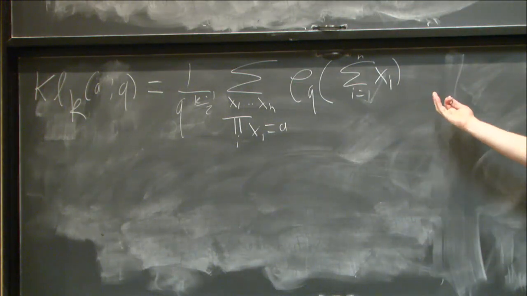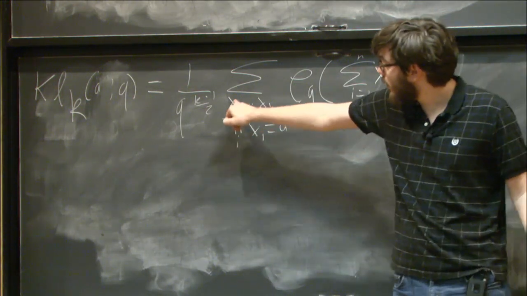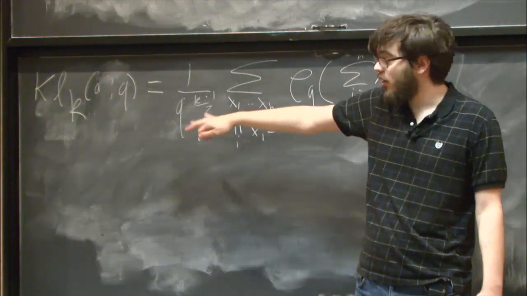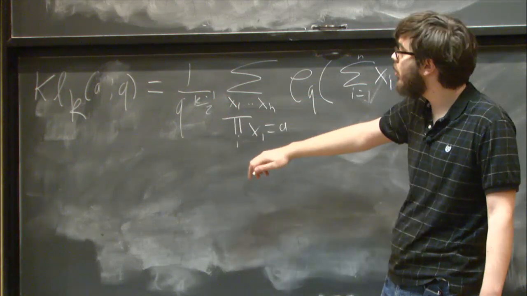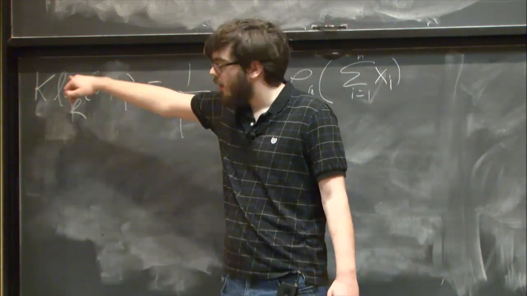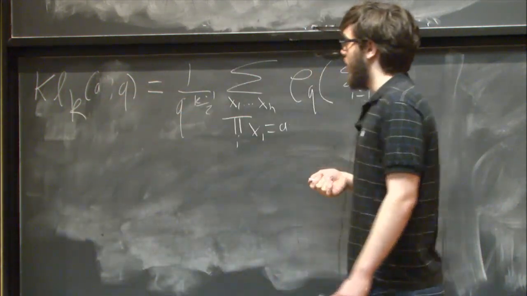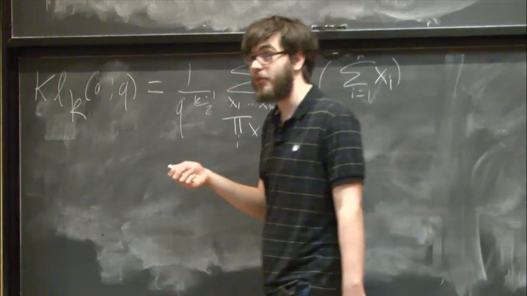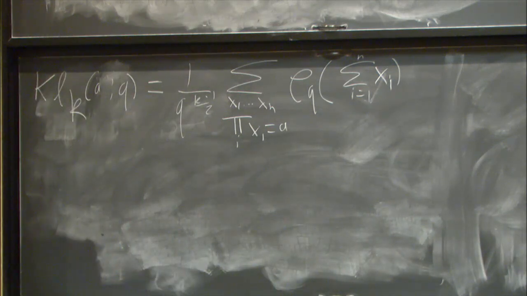And so by a result of Deligne, this sum is bounded by a constant times q to the (k minus 1) over 2. So this normalized sum is O of 1, which is nice because it makes it a little easier to figure out what estimates should look like.